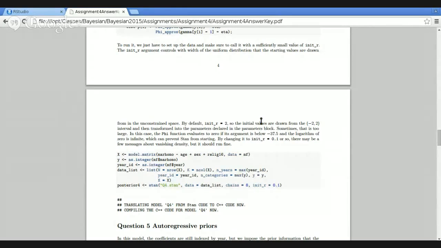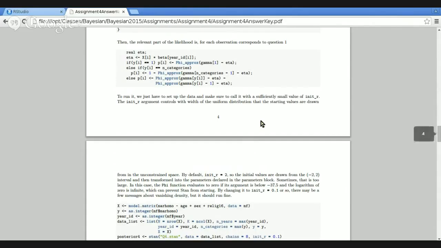And so to some extent, that problem could be combated with using more or better initial values, but even that seemed to be not sufficient for some people. And I think most people ended up using the phi approx function, which is very close to phi.